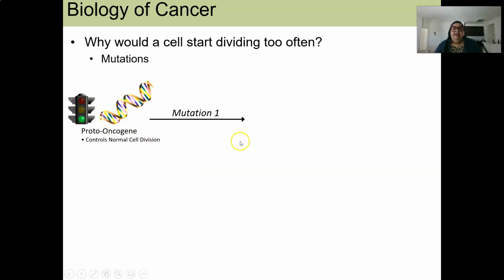This gene can get a mutation, either by environmental factors, some of which we'll talk about later, but as an example, we'll use smoking. Smoking can be one of the major causes of cancer. So let's say somebody is smoking and it damages the DNA enough in one cell to mutate this proto-oncogene.